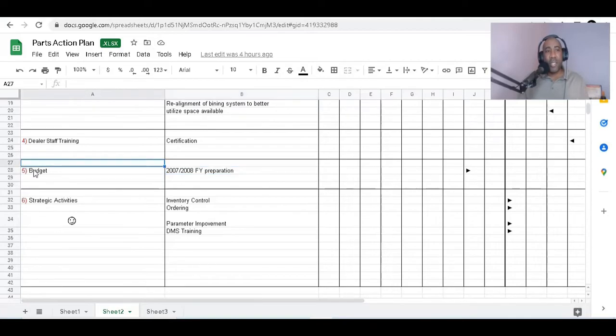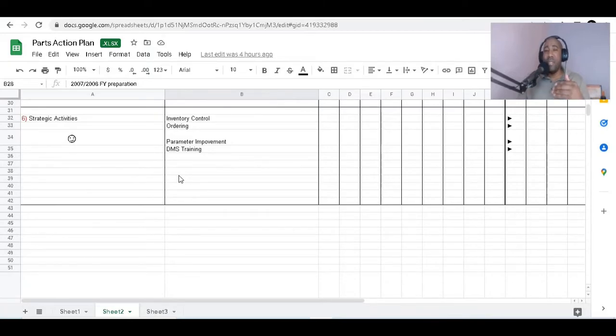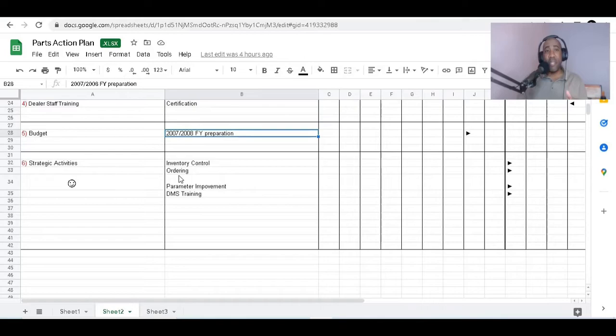So you have to set aside a time and a place for when you're going to be doing your budget preparation. Okay, and that is very important in terms of how much more you are going to be selling, because whatever you did last year, you should always be exceeding your budget for the following year.